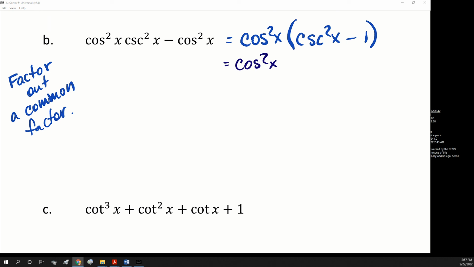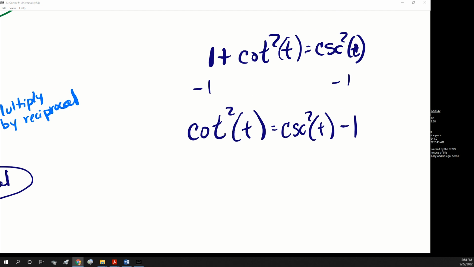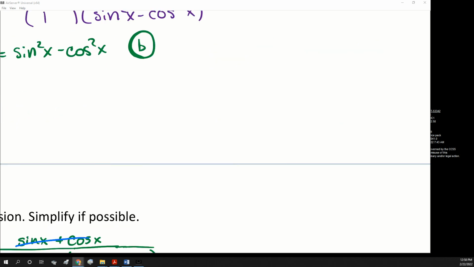So again, when you guys see a squared trig ratio and a plus 1 or a minus 1, you probably can do a Pythagorean identity. And this is that one that it just keeps coming up. So we just talked about it here. So an alternate way to write that identity is that the cotangent squared of x is cosecant squared of x minus 1.